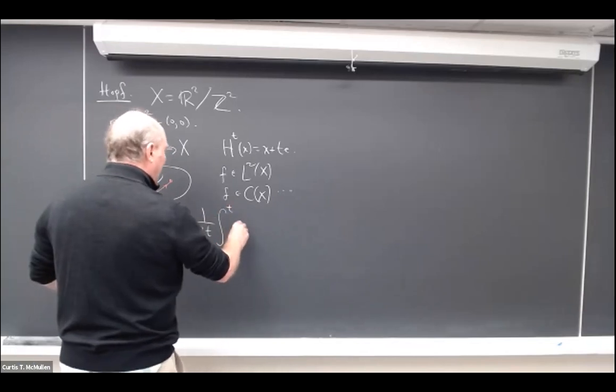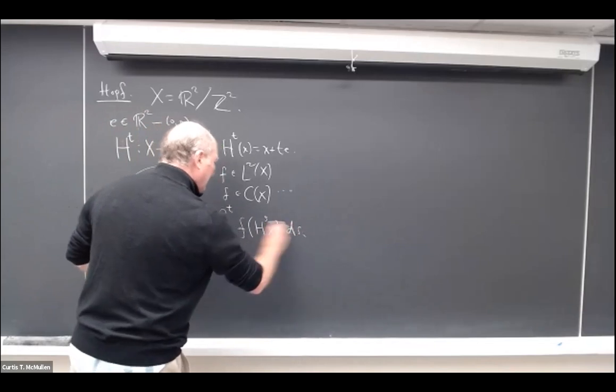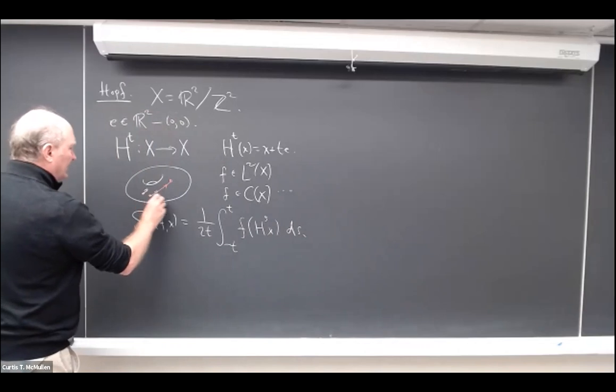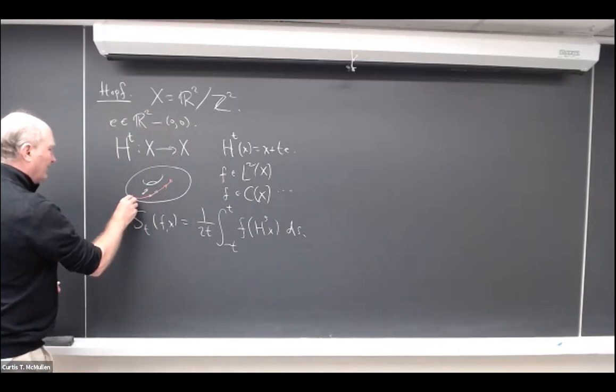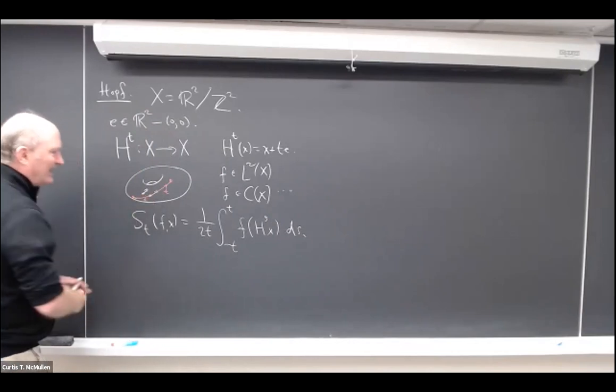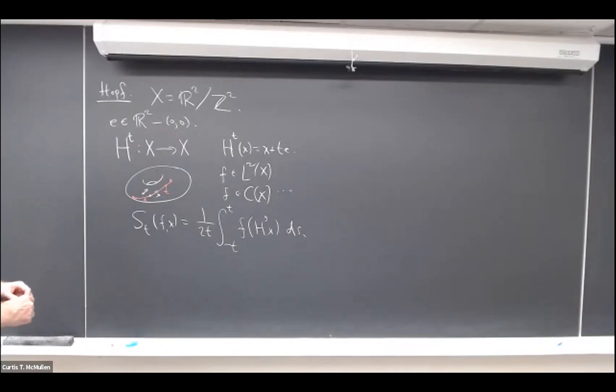So you look at the values of f at h_s(x) ds. So what that means is you just average the values of f over both the forward and backward flows of h for time t, and make that your new value at x.